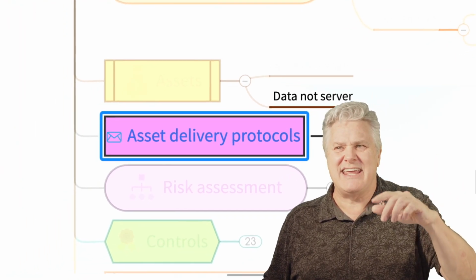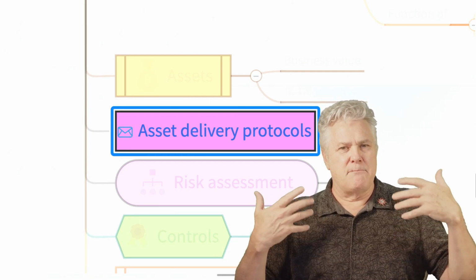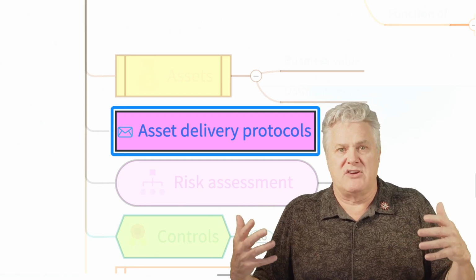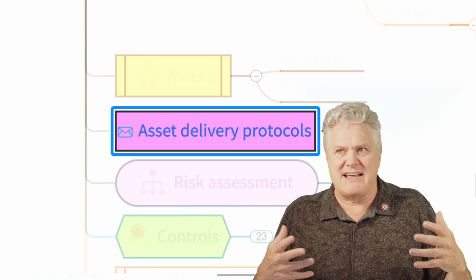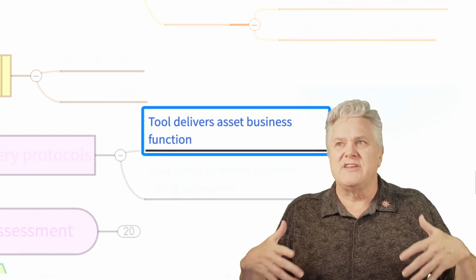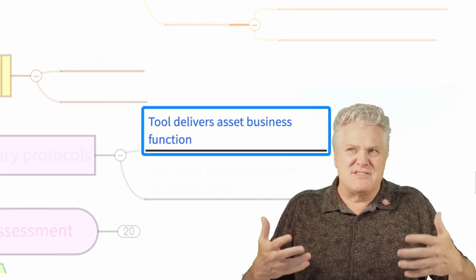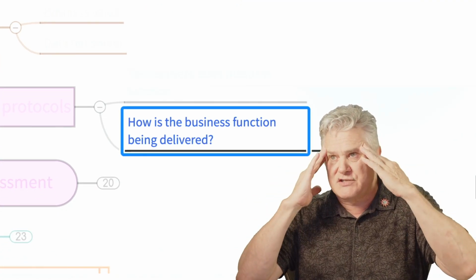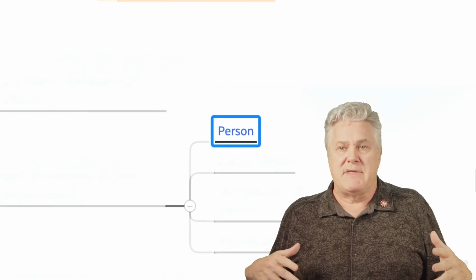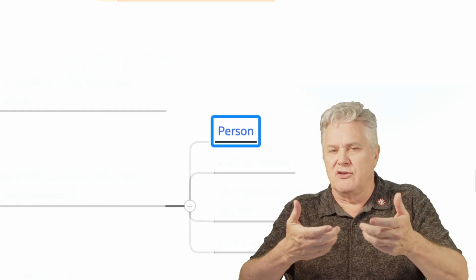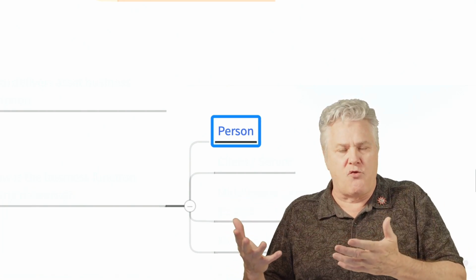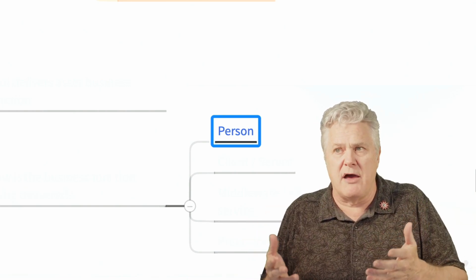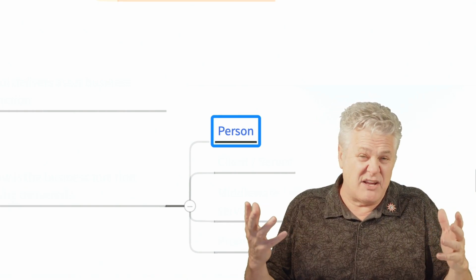Yes, now that's sitting on an asset delivery protocol. Okay, now I use that term to be unique as compared to everything else that's out there. But the asset delivery protocol is the tool that delivers the assets, the business function of the organization. And so usually what I do is I say, okay, how is this business function being delivered? That could be by a person. I could say, hey, look, I'm doing something to transform this information, or I'm handing this information from one person to another, like in the mailroom. Mostly it's not that, but it could be.